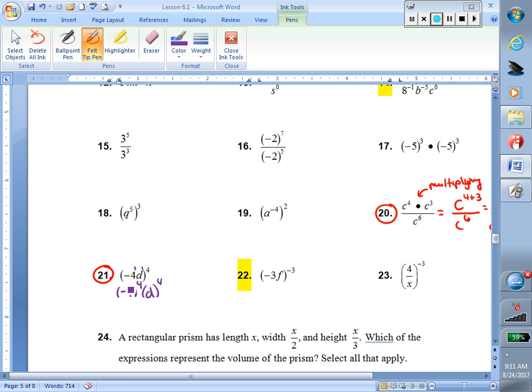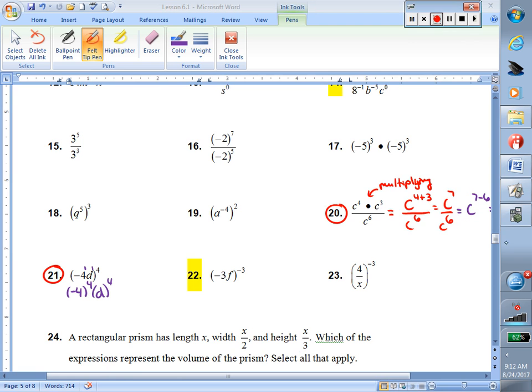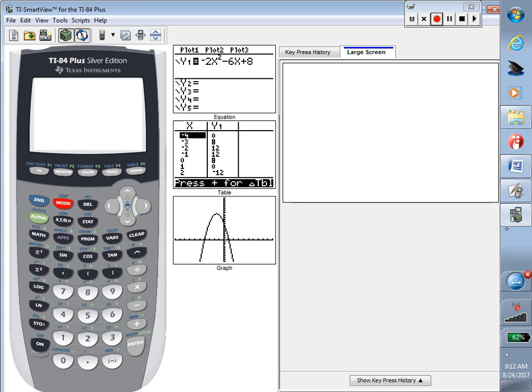Now you might be wondering, Miss Golly, why did you put that negative 4 in parentheses? Negative bases can be very, very picky. If I have a negative base and an even exponent, let me show you what happens when I put parentheses and when I don't. I'm just going to do it in my calculator real quick, because I'm not sure of 4 to the 4th power off the top of my head. If I just type in negative 4 to the 4th power, I'm going to get negative 256.